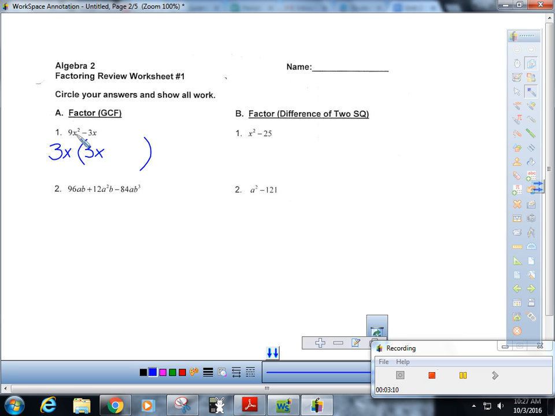Okay, well, what would I have to multiply by 3x to get negative 3x? That would have to be a negative 1. And that's your answer. That's all you do for these. There is no equal sign, so I have to circle it to indicate that I have fully factored it. Essentially what that means is that I cannot factor it anymore. Okay?